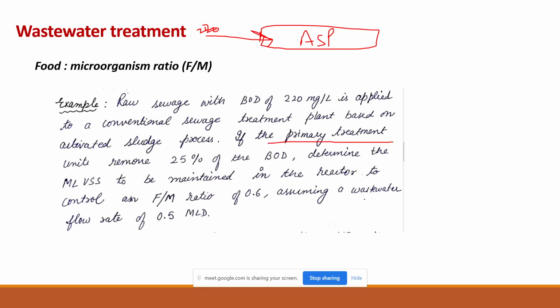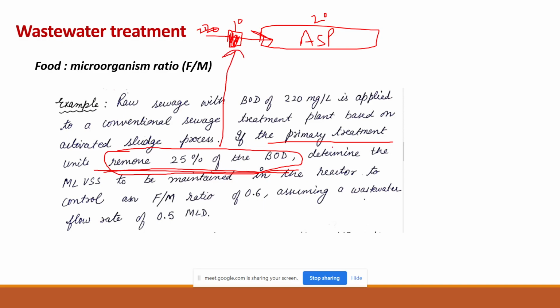If the primary treatment removes 25% of BOD, so activated sludge is obviously your secondary treatment process, right? Between this, you have a primary treatment process. Fine. Now what does it state? Primary treatment removes 25%. So this removal of 25% is achieved by the primary treatment.